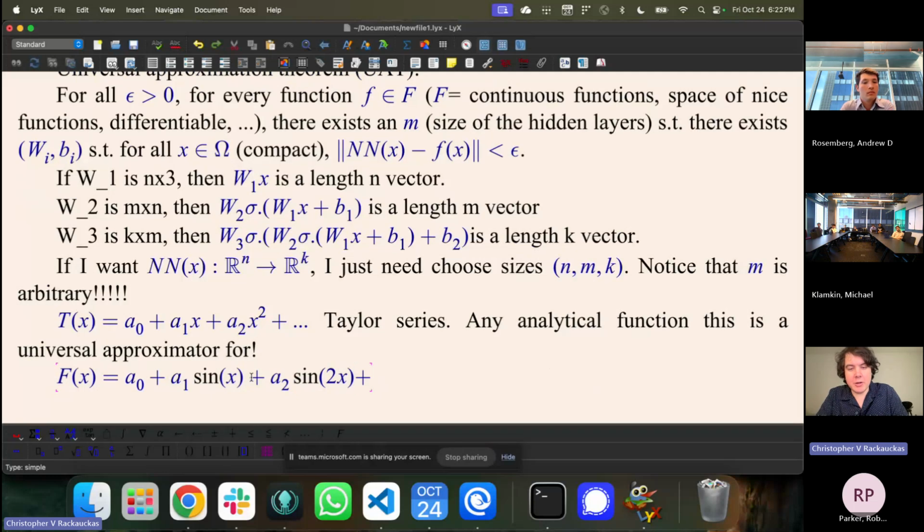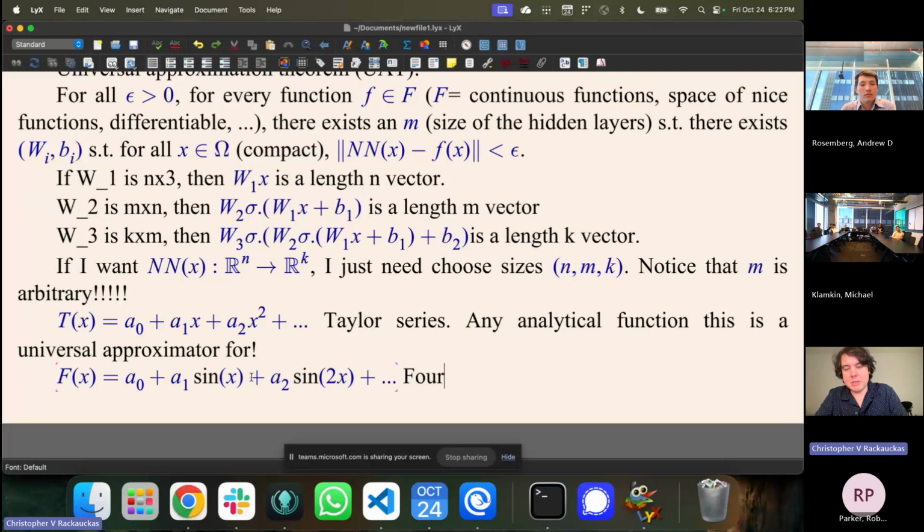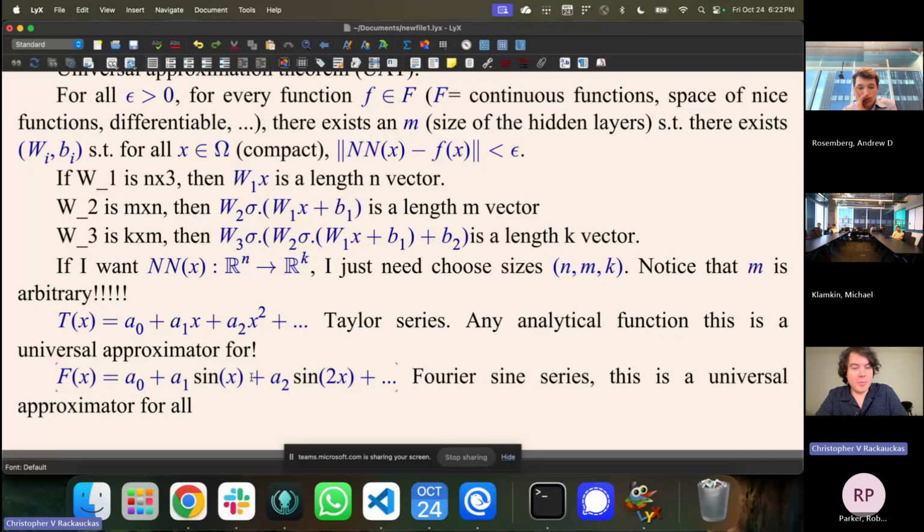This is the Fourier sine series. So this is a universal approximator for all odd functions, if I remember correctly, right? I think you also need that these are all continuous odd functions. But yeah, so a Fourier series is also a universal approximator, right?